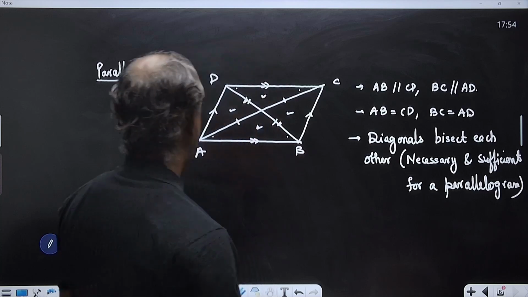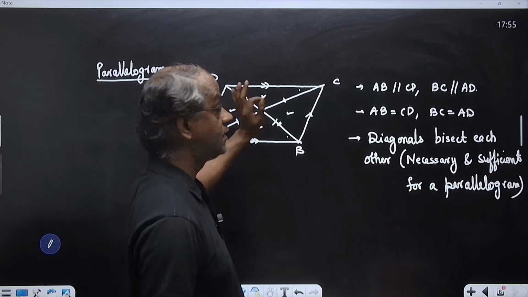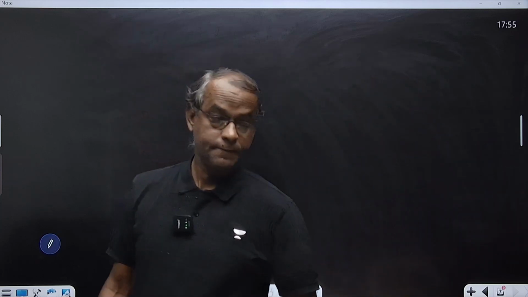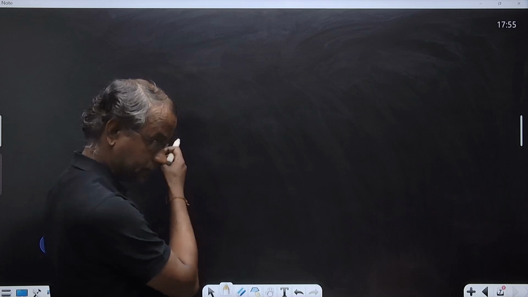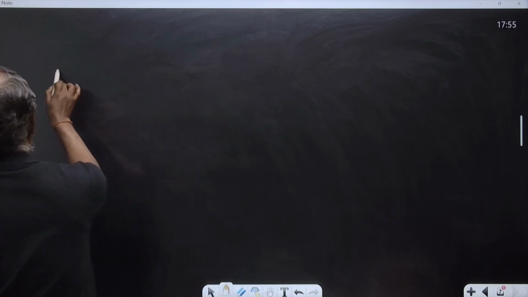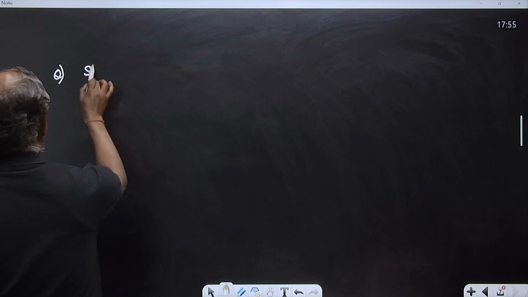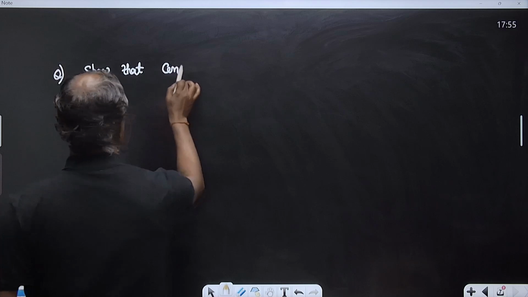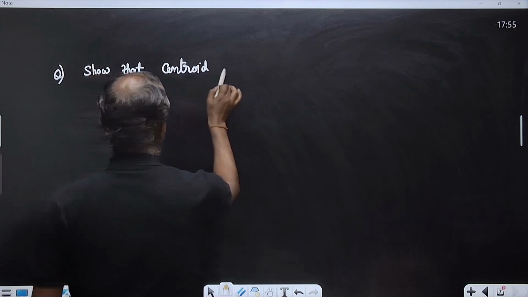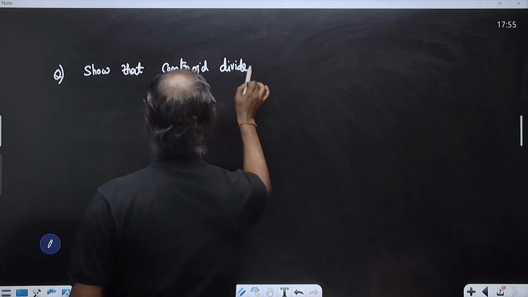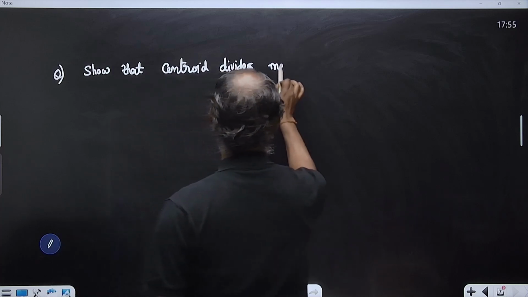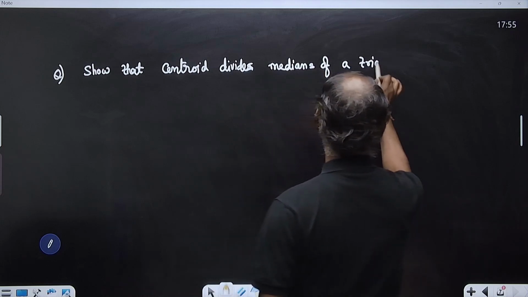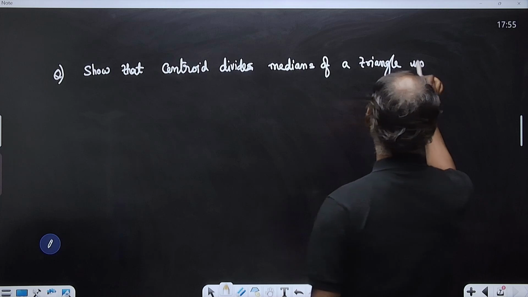Okay. Now, we must be well versed in utilizing them. Suppose somebody is asking us to show that the centroid divides the medians of a triangle in the ratio 2:1.